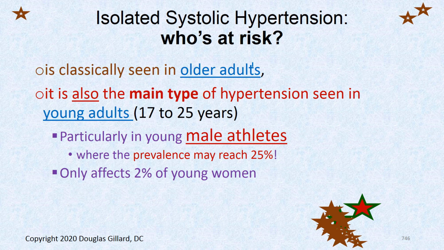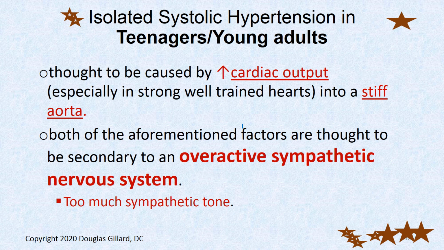Okay, who is at risk? We just said older adults here. But younger adults are also at risk, as we said. We just said male athletes. So what's the deal with these young athletes? Why are they getting isolated systolic hypertension? We're not 100% sure, but the research shows that they do tend to have overactive sympathetic systems. They have too much sympathetic tone.